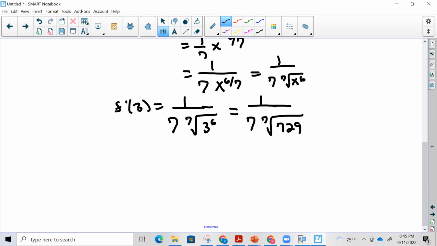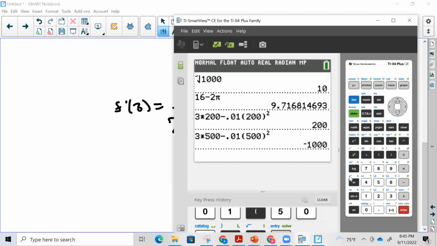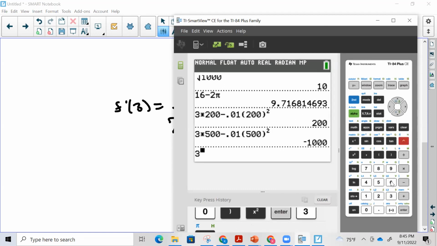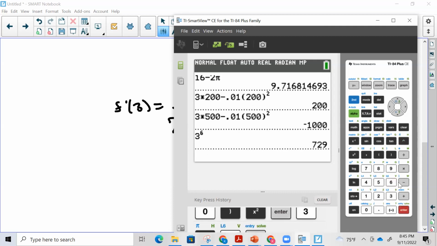And then just for a root and an exponent on the calculator: for an exponent, you use the caret and you type in whatever the exponent is. But if you want to do a root other than the square root or the cube root, you hit the index, which is the root that you want. So I want the 7th root.